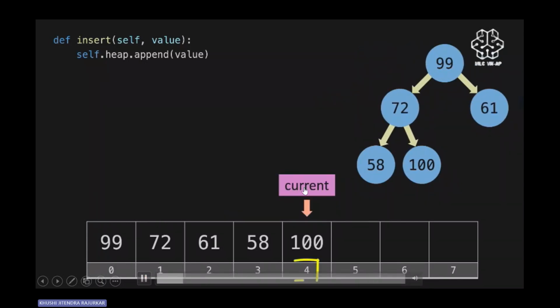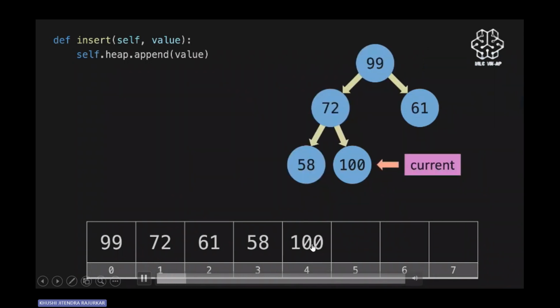And then we shall be declaring a current variable, and the current variable will be equal to the last index, and that last index will actually be length of the heap minus 1, because if the length is 5, then the last index will be index equal to 4. So this shall be our current variable, which essentially goes through the index of our new node that we have appended into our list. Now, as usual, we shall be carrying out comparisons of this value with its parent.